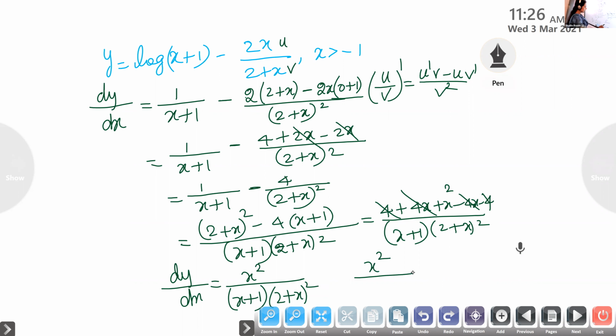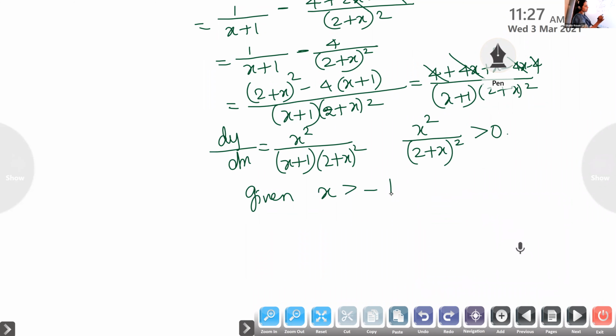Therefore, the sign depends only on the term x plus 1. But what is given in the question? What is given about x? X is greater than minus 1, isn't it? It is given x is greater than minus 1.